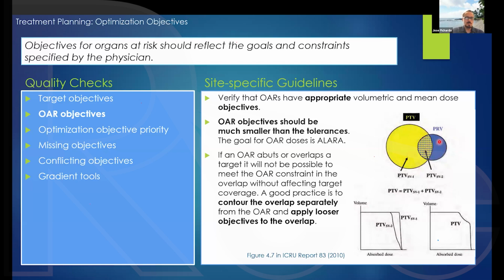So what can I do? Well, what you do is what is recommended in ICRU report 83. You're going to contour the overlap separate from the area of the organ at risk that is outside of your target, and you're going to apply looser objectives to the area that's inside the target.